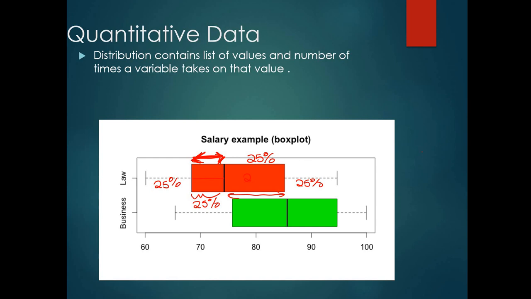The data points are closer together because they don't take up as much of the number line to get 25% of the data points. So between like 69 and 75, there's the same number of data points as between 75 and 85. You have the same number in a smaller span, so your data is more condensed.